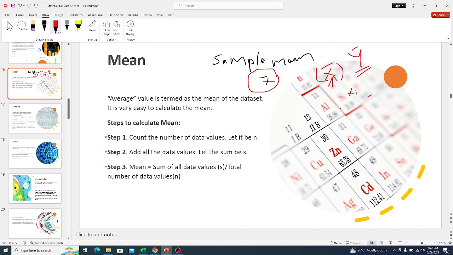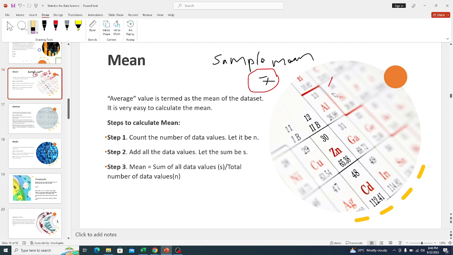When I say x variables, I mean x i's up to n, meaning I can take 1, 2, 3, up to n. Remember, we are talking about sample mean. That's why I've denoted n with a small n. So x bar is the sample mean.